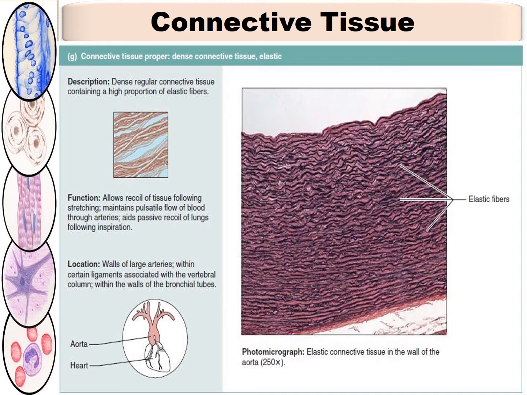Then the seventh type of connective tissue is elastic dense connective tissue proper. This elastic connective tissue is composed of dense regular connective tissue containing a high proportion of elastic fibers.